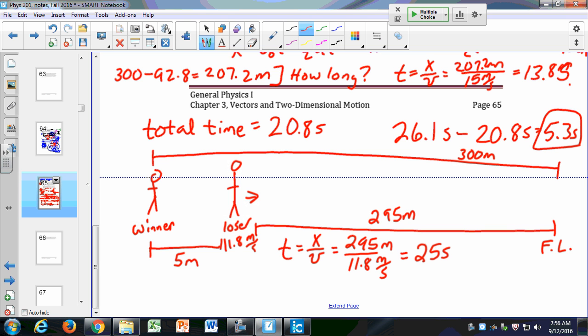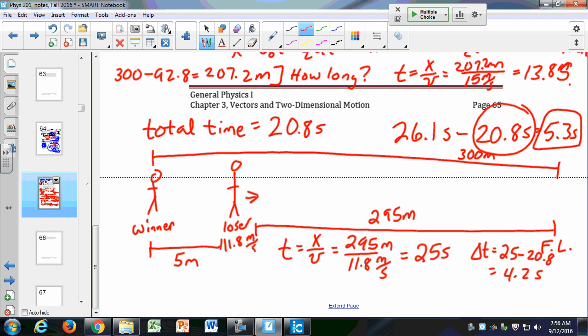But I know that the total time for the winner to run this is 20.8 seconds. And so to find the time that he was behind the winner, I just take the difference in those. So the delta t then is 25 minus 20.8, and that's equal to 4.2 seconds.